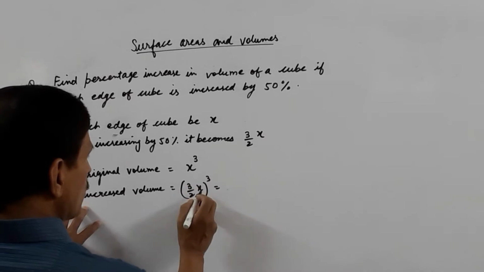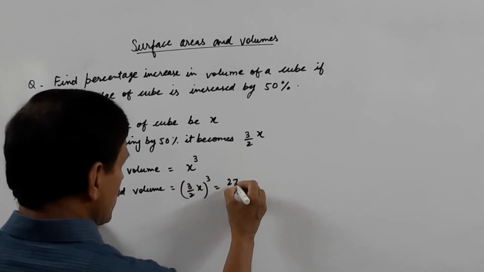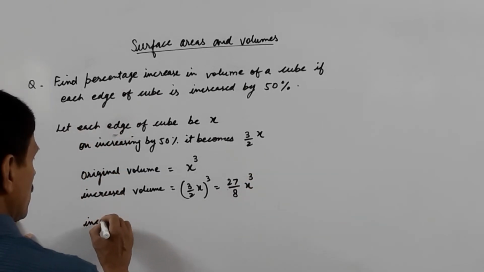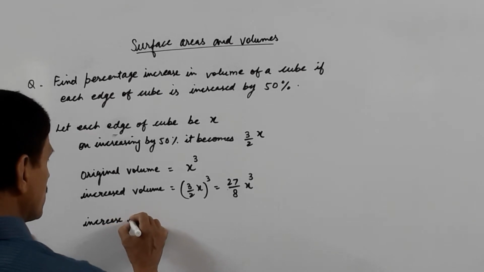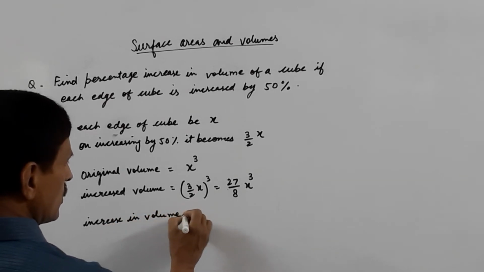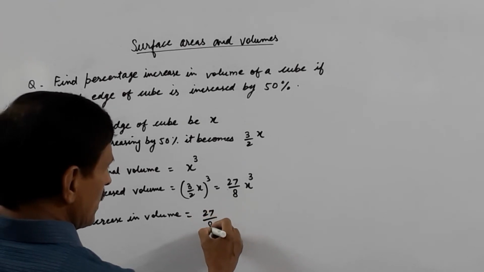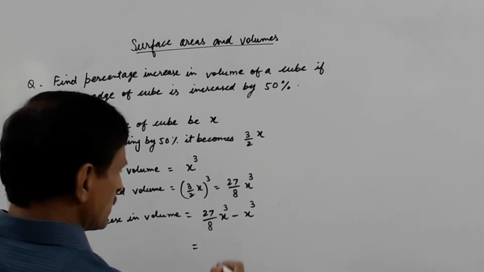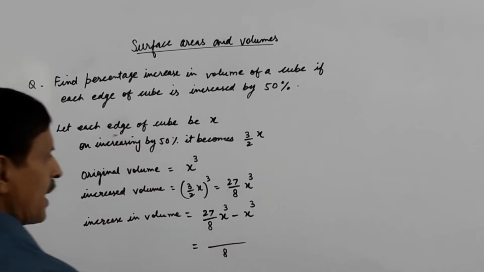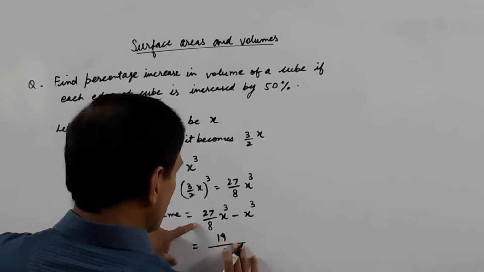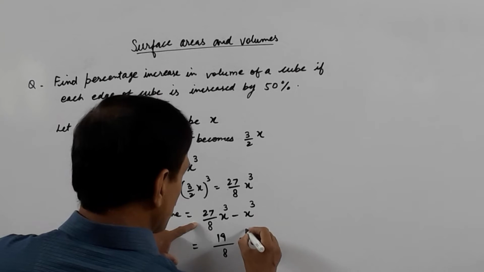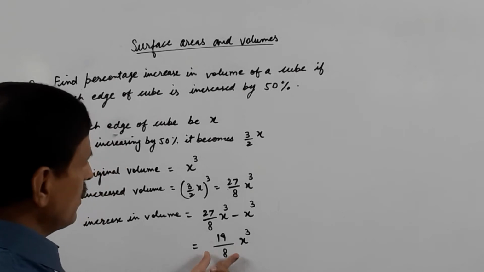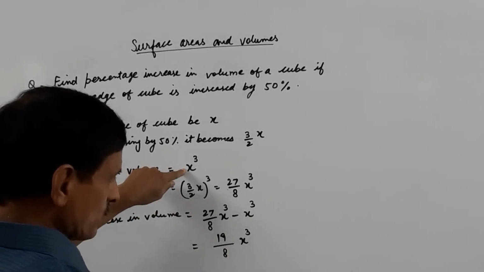Increased volume is equal to 3 by 2 x cube, that is 27 by 8 x cube. Increase in volume is equal to 27 by 8 x cube minus x cube, and that is 19 by 8 x cube. So this is the increase in the volume over original volume.